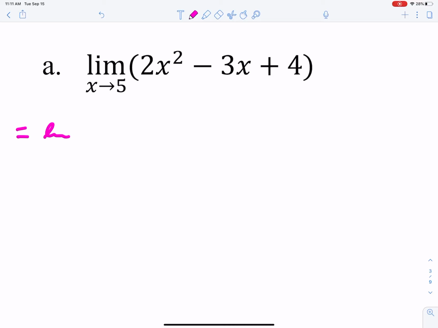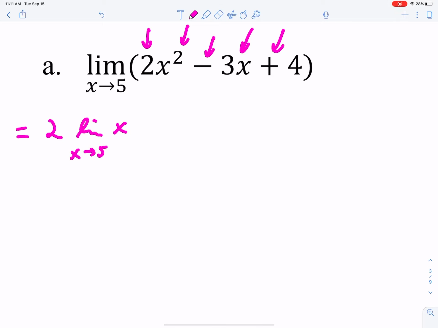Actually, my mistake, because we have a constant here, don't we? So we're going to use the constant rule, exponent rule, subtraction rule, constant multiple rule, addition rule. Lots of rules here, right? Welcome to life. So we have a 2 out in front, 2 times the limit as x approaches 5 of x squared, right?